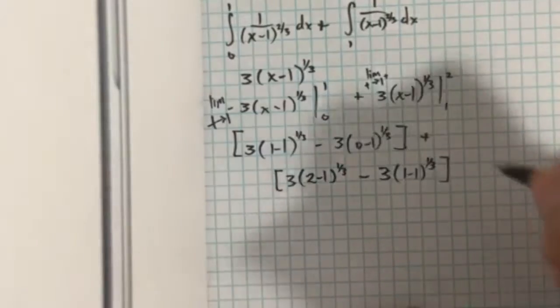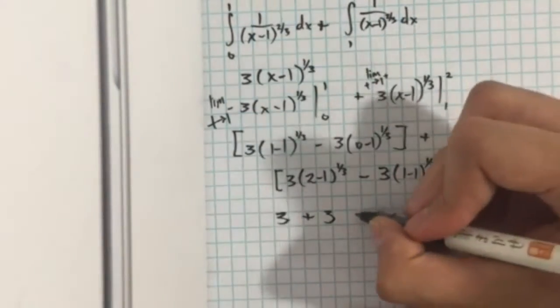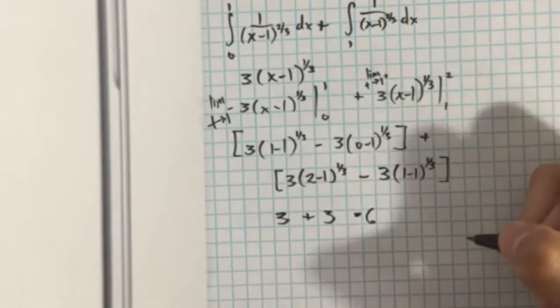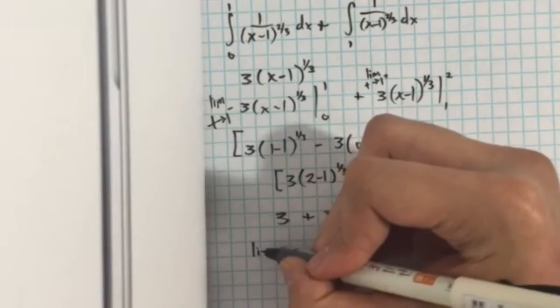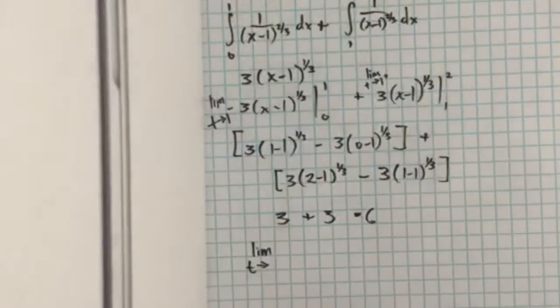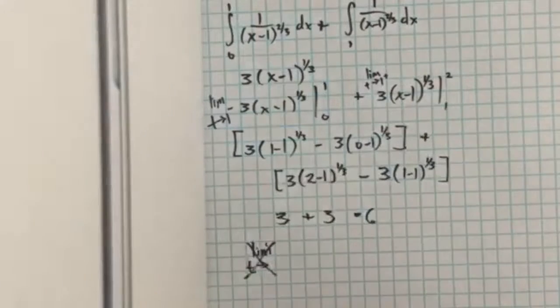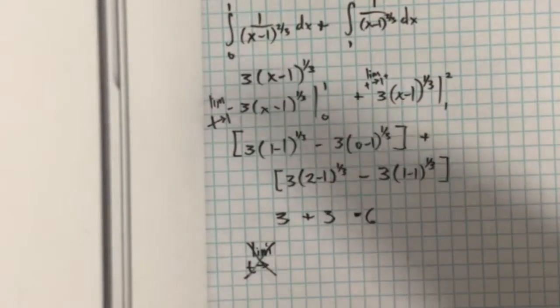Group that, then we'll get 3 plus 3 equals 6. So the value of this improper integral is 6.